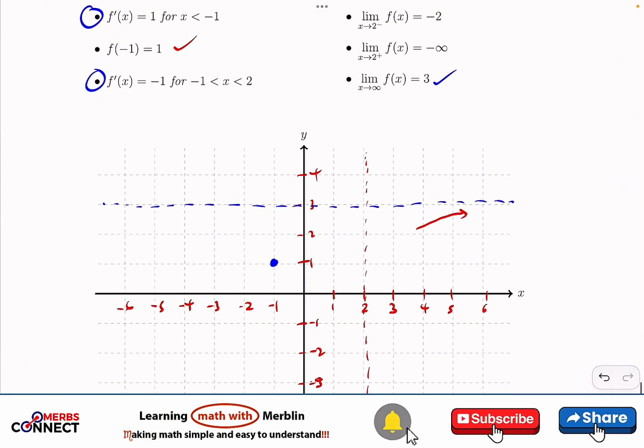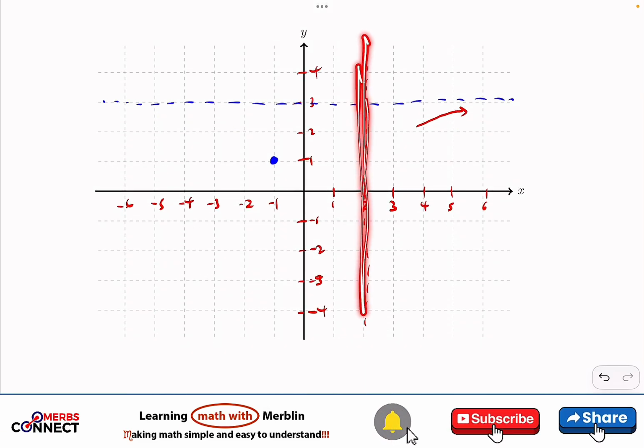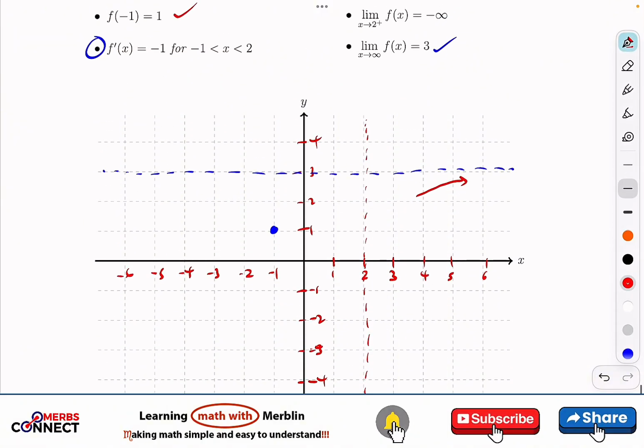As x is approaching 2 from the positive side, we need to get to negative infinity. So this is 2, and this side is the positive side. So when we are approaching 2 from the positive side, we should be going to negative infinity. So let me use a different color for this. So we have this one. Then when I'm approaching this one too, I should be getting down here.